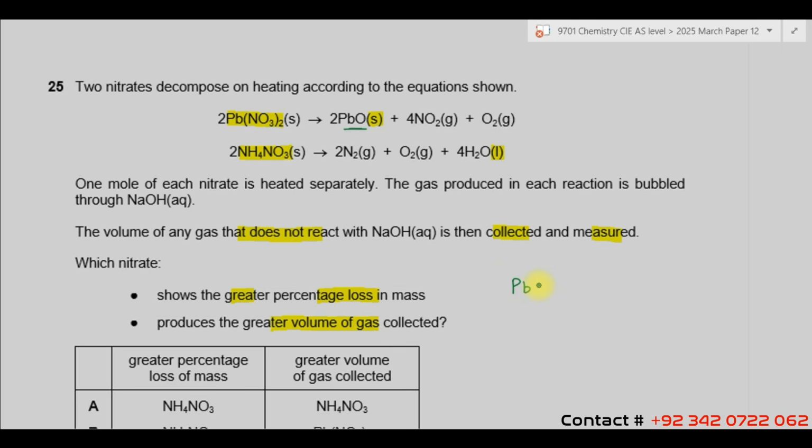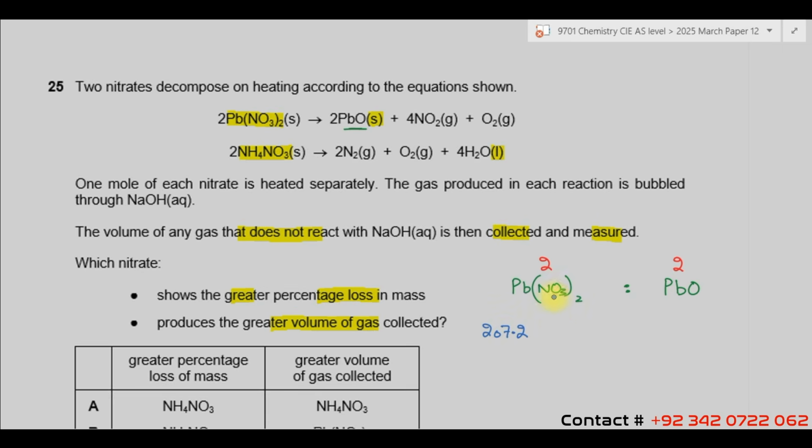We have lead nitrate and we have lead oxide. In the equation there are 2 moles of each, so let's write 2. Now finding molecular mass, lead is 207.2.